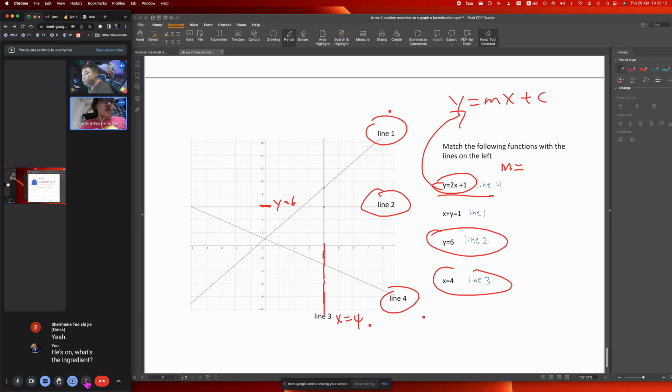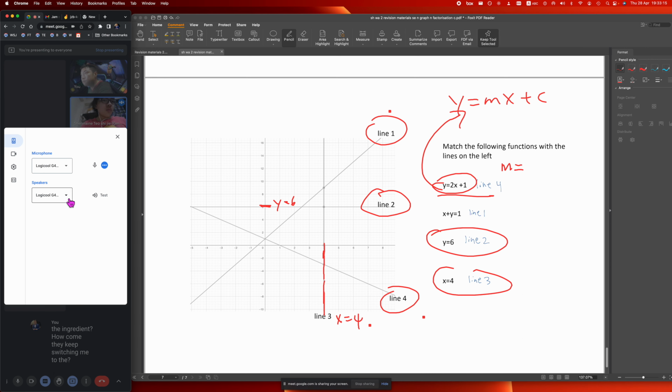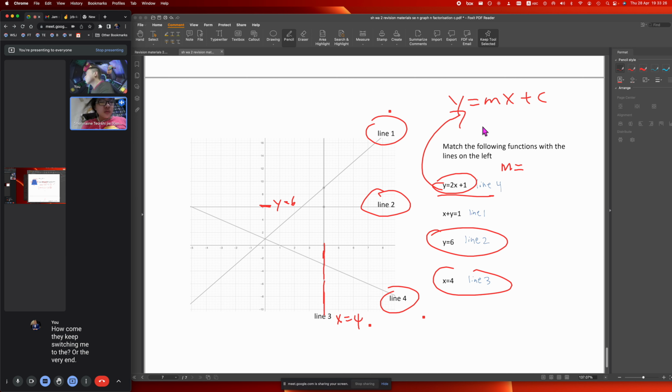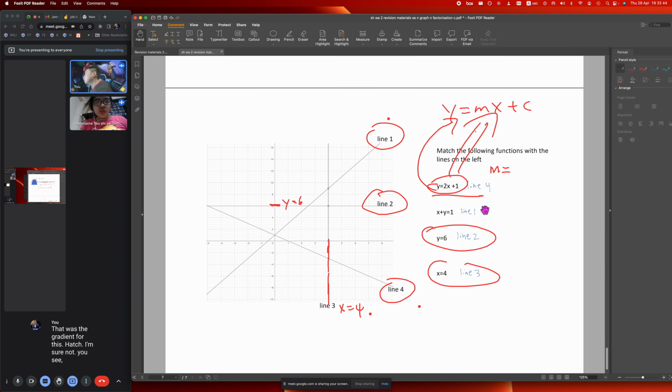How come they keep switching me to the... So what's the gradient? Hello, what's the gradient for this? Can you see or not?